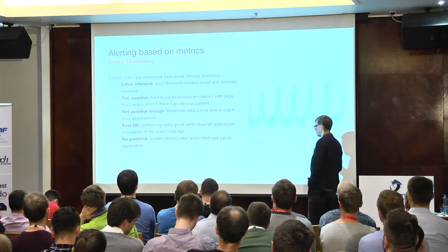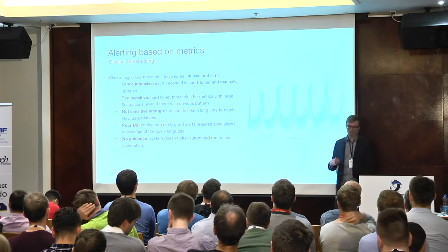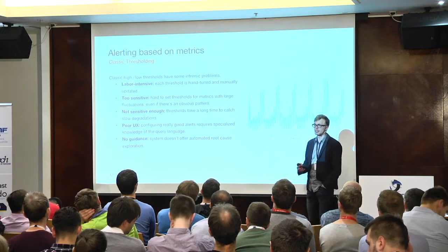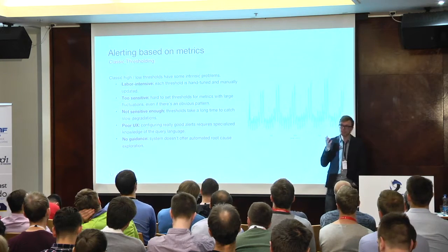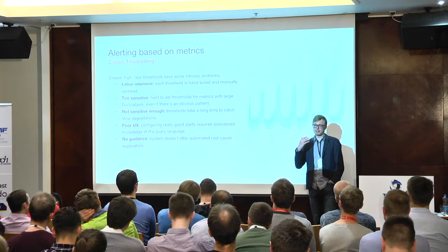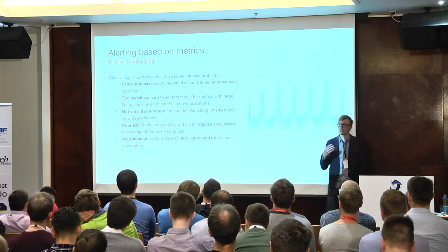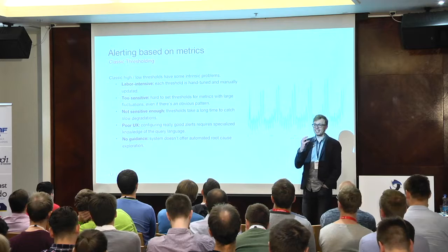So metrics are nice. Having alerts for them is nice, but if you ever tried to set an alert, it's not easy. It requires some investigation of what metrics actually look like in the history. It requires some understanding of what actually happens. It requires some maintenance.